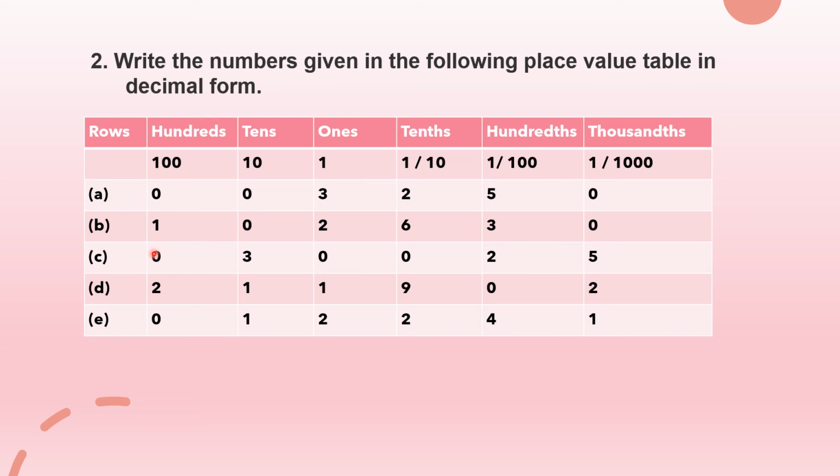Write the numbers given in the following place value table in decimal form. So we have been given the place values, so we should write it in numbers. Here 3 ones and 2 tenths 5 hundredths are there. So 3 plus 2 by 10 plus 5 by 100. That is equal to 3.25.